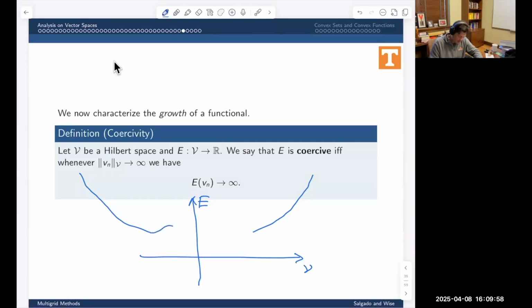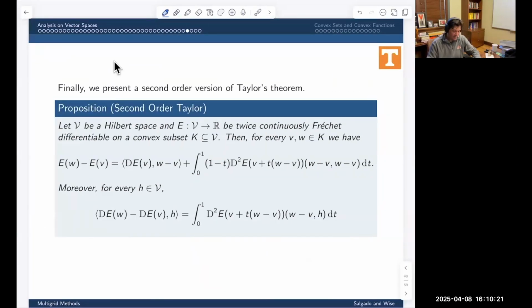But in between, at around zero, it could be having any sort of properties. It doesn't even have to be continuous. But this is what a coercive function looks like. It's going up as we're going off to infinity. It's actually not just going up, it's blowing up, right? I'm going to show you that the second derivative can be used to characterize this kind of blow up.